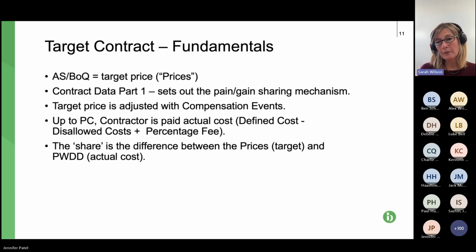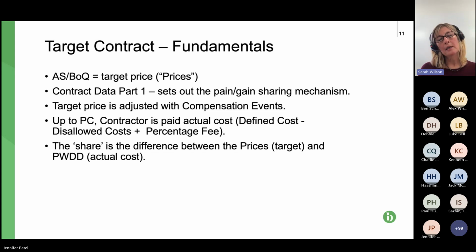How do we know how the pain gain is going to be shared? Is it 50-50, 25-75? How do we know unless it's set out in the contract? So if you know you're on an option C or D, you need to be checking these provisions because you'll probably have your own views as to what percentages you would require.